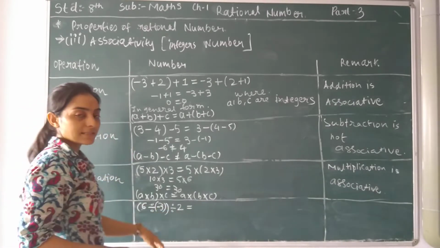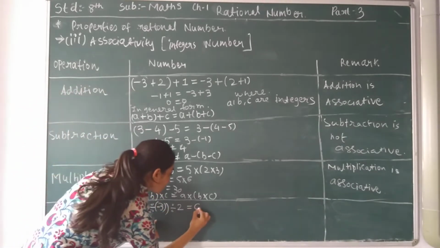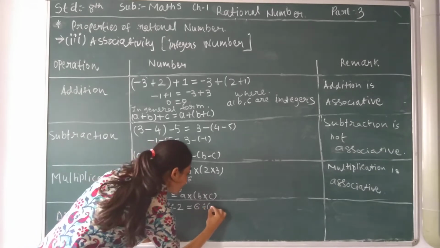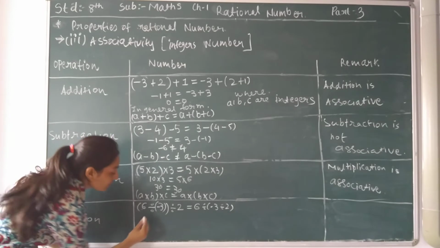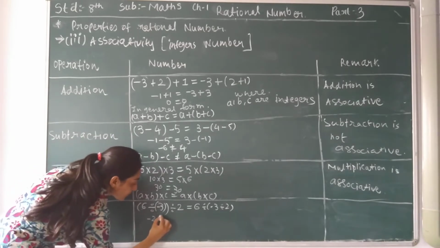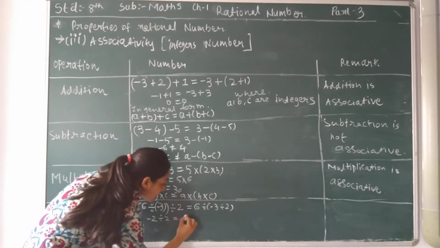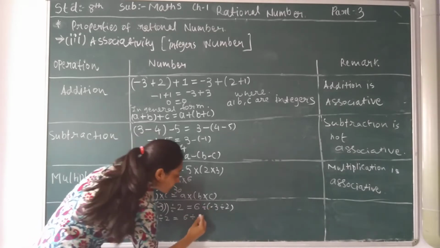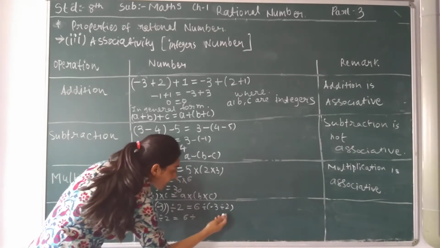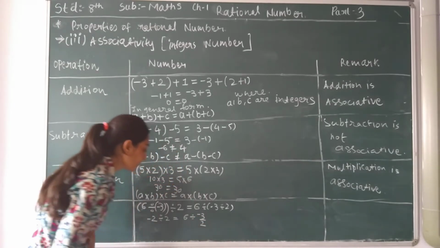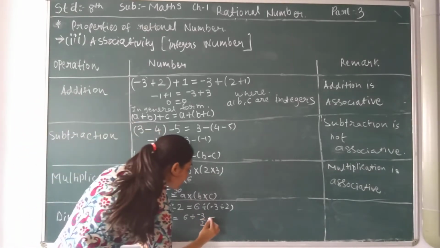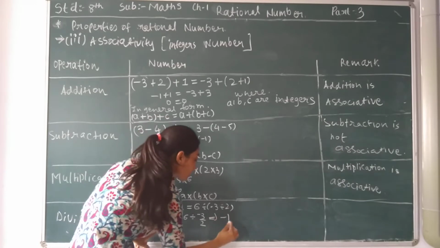Let's take one negative. So (6 divide minus 3) divide 2. So the answer over here is minus 2 divide 2. Here 6 divide, here I am getting minus 3 divide 2.